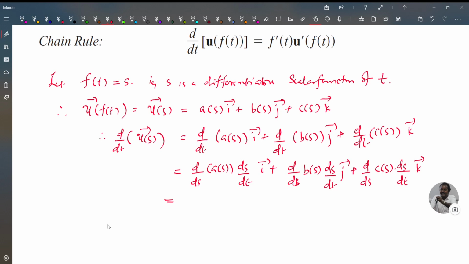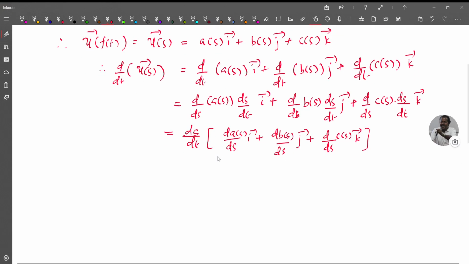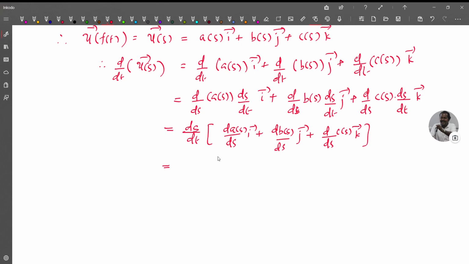This is equal to ds by dt into dA by ds i plus dB of s divided by ds j plus d by ds of c of s into k. So this is equal to ds by dt into, this is actually du by ds. This is equal to ds by dt into du by ds.